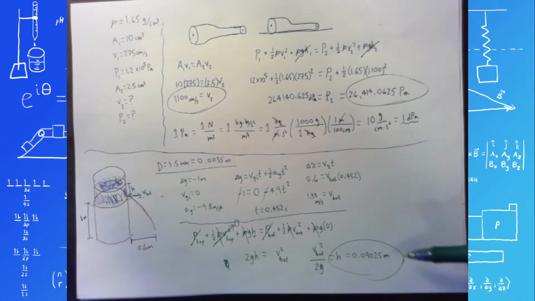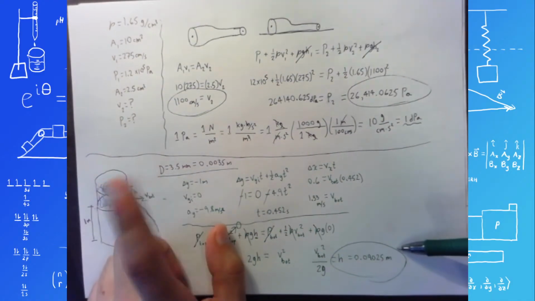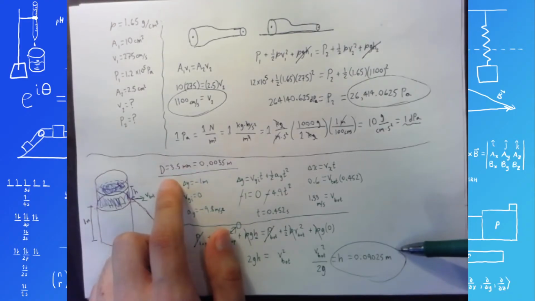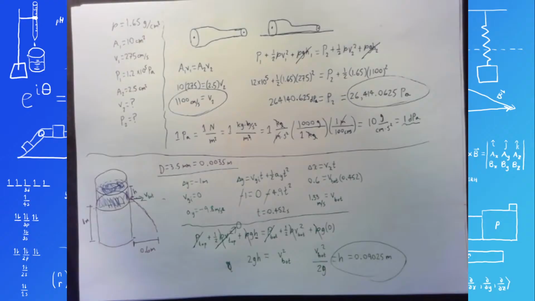So yeah, that's what I'm going with for now, but I will look into this and see if there was any real purpose behind them giving us the diameter of the hole, because I don't feel like they would give us that information for no reason.